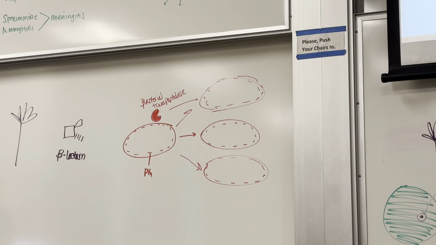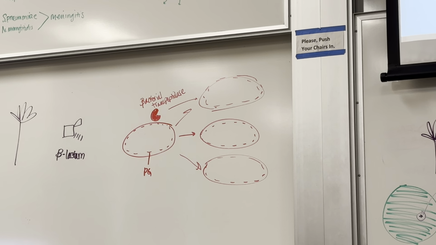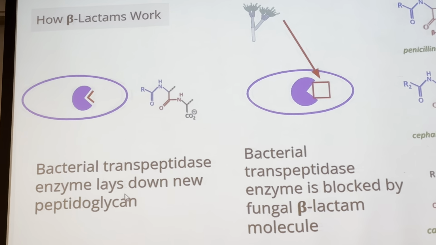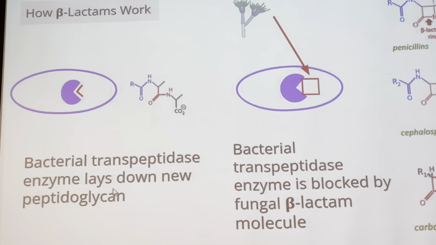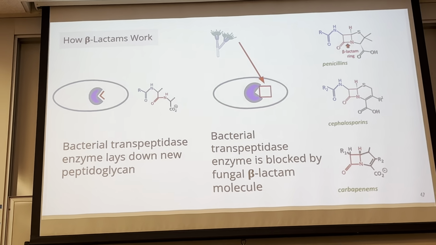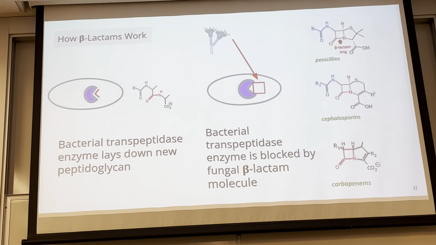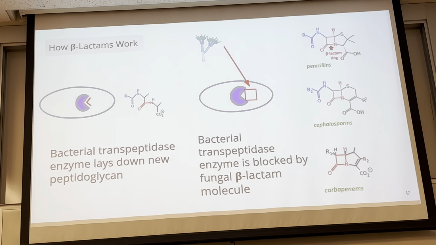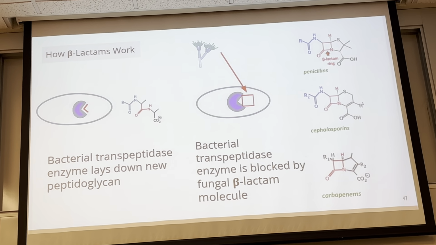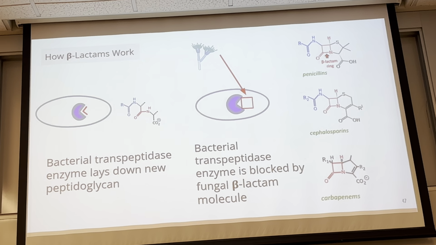So what beta-lactams do is they shut the mouth of this enzyme. The way they do that is that peptidoglycan actually looks a lot like a beta-lactam. The peptidoglycan shape is similar to this beta-lactam.